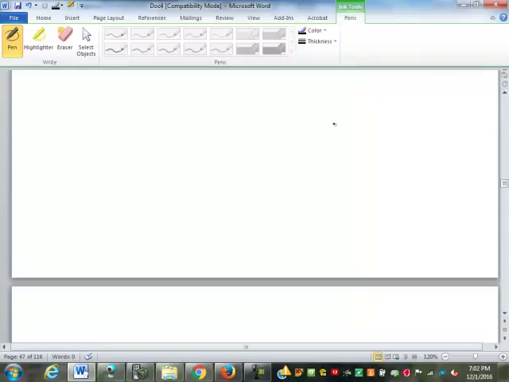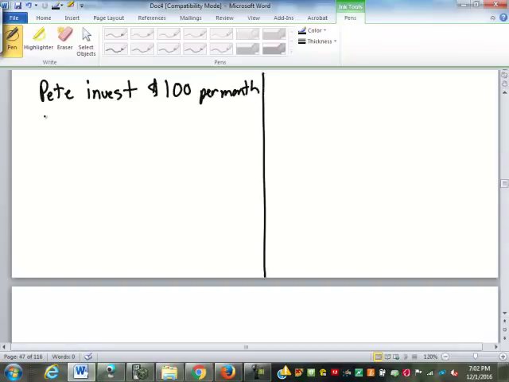Okay, so Pete invests $100 per month. Notice I'm only going halfway across the page right now. At 7% for 20 years.